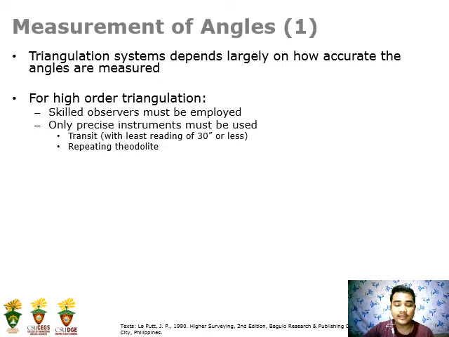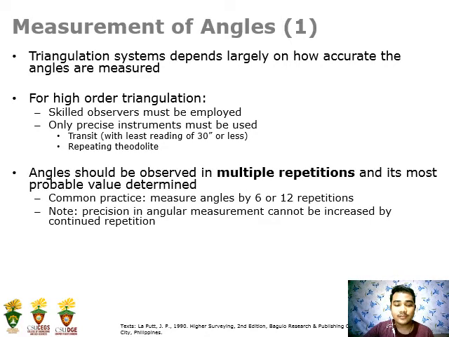Or you can use the repeating theodolite. Angles should be observed in multiple repetitions, repeated again and again to have an accurate angle observed, and its most probable value determined. The common practice in measuring an angle is 6 or 12 repetitions. Please take note that the precision in angular measurements cannot be increased by continued repetition.